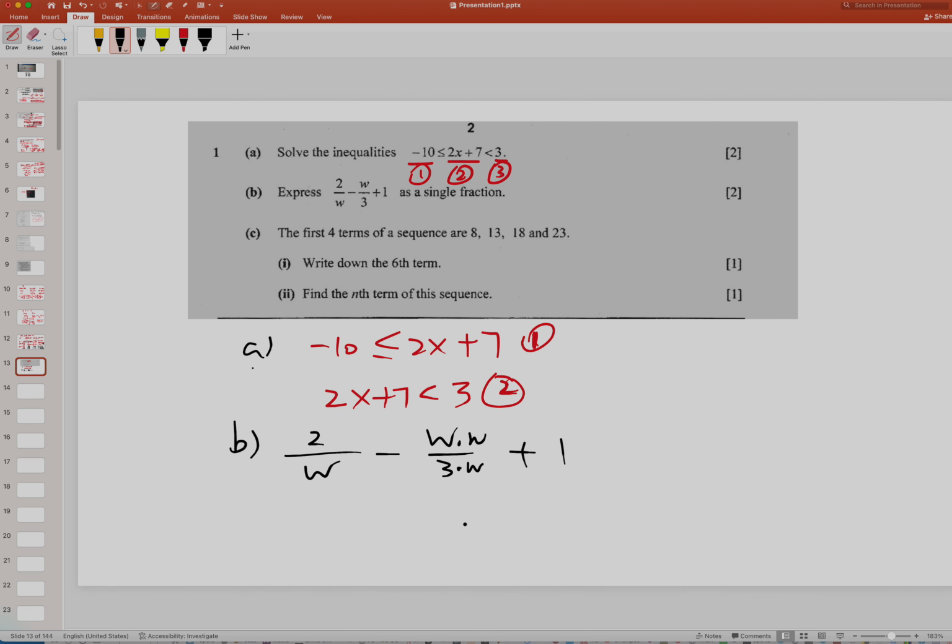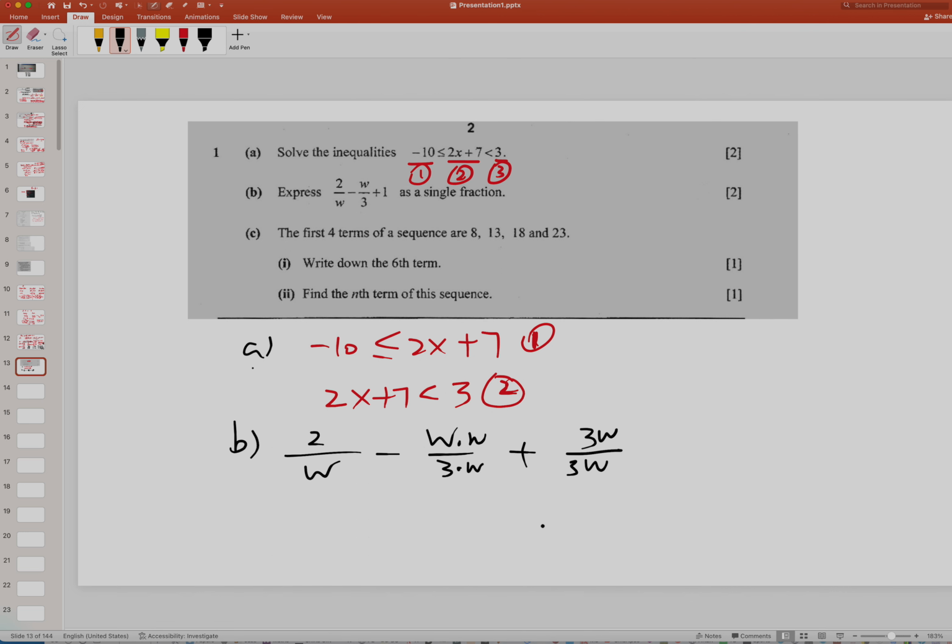So do you think times the W is enough? No. Then? For the 1, then you have to make it 3W over 3W. Okay, so let me see. So it's 3W over 3W. Yes.